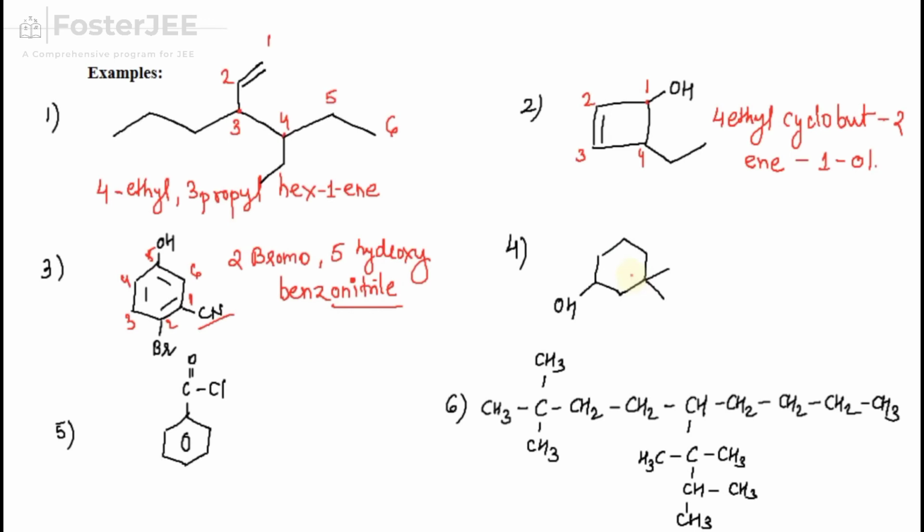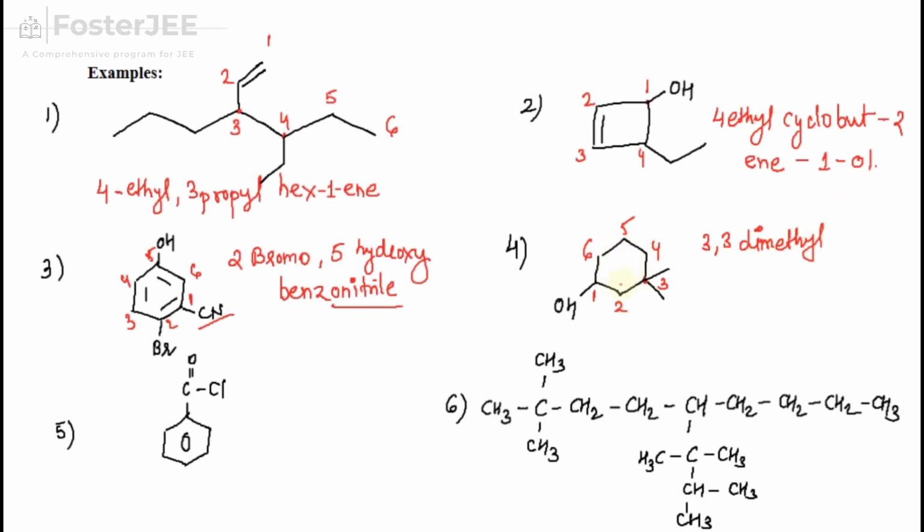Now the fourth example. Here we can see that the numbering starts from the carbon atom having the functional group. Here the functional group is alcohol. So numbering starts from this carbon 1, 2, 3, 4, 5 and 6. Now the name of the compound in alphabetical order: at the third carbon 2 methyl groups are present. So the name is 3,3 dimethyl.